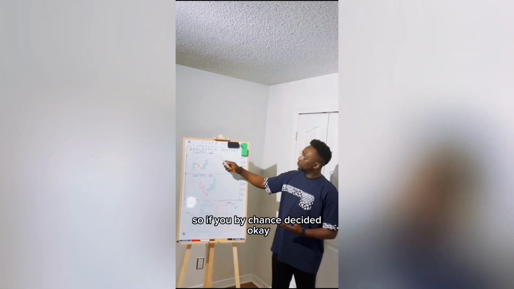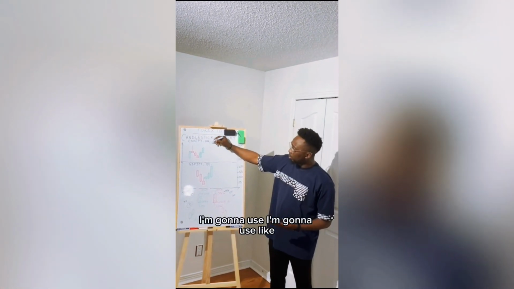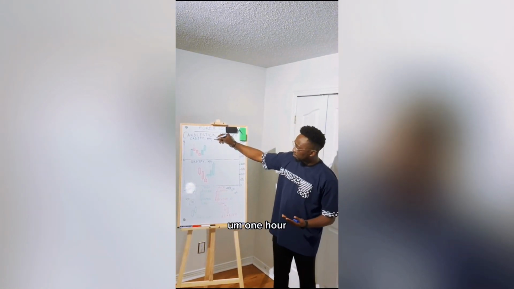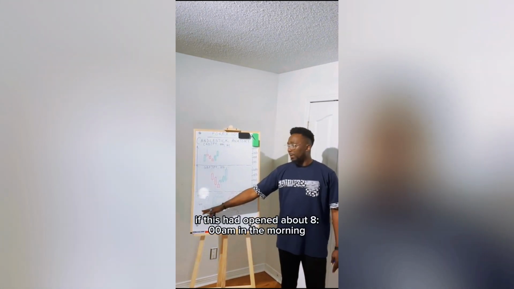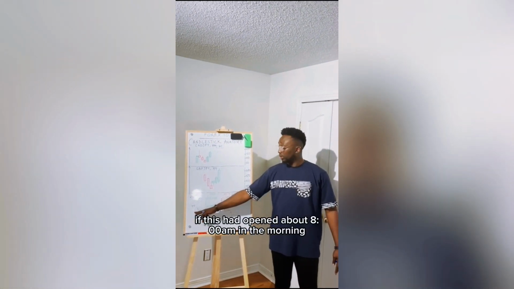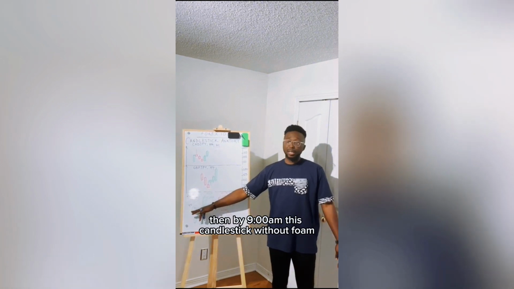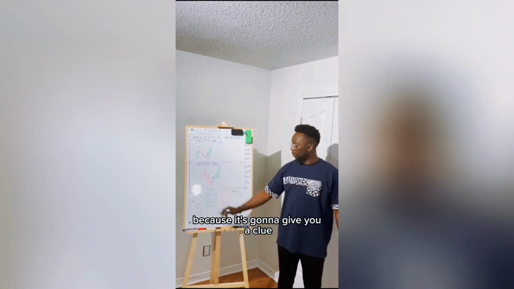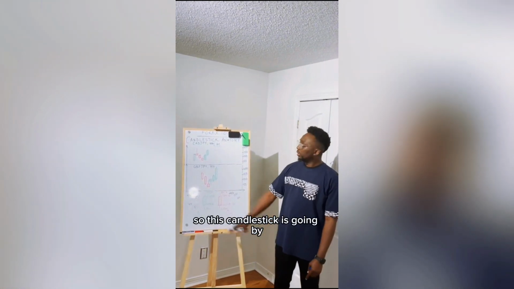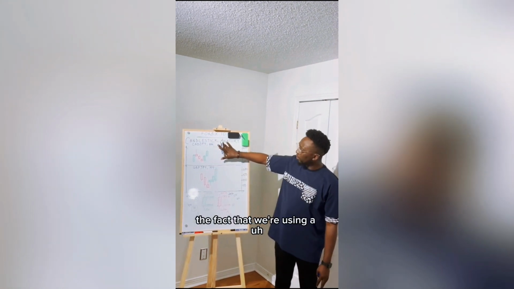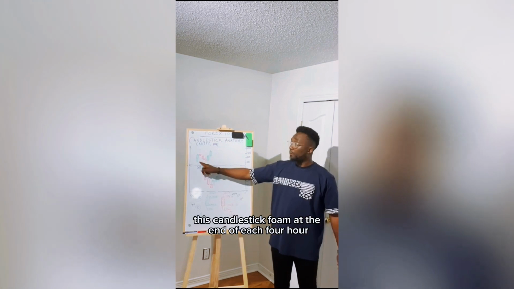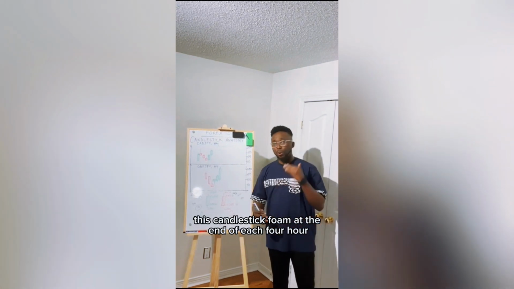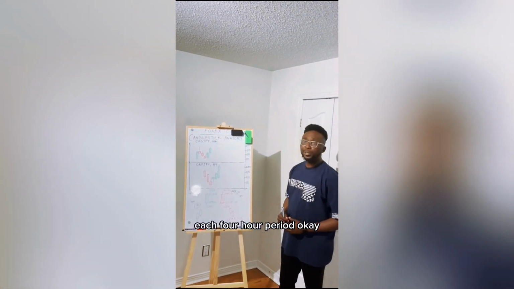If you by chance decided that you're going to use a 1 hour time frame, that means if this opened at about 8 a.m. in the morning, then by 9 a.m. this candlestick would have formed. So going by the fact that we're using a 4 hour time frame, a candlestick forms at the end of each 4 hour period.